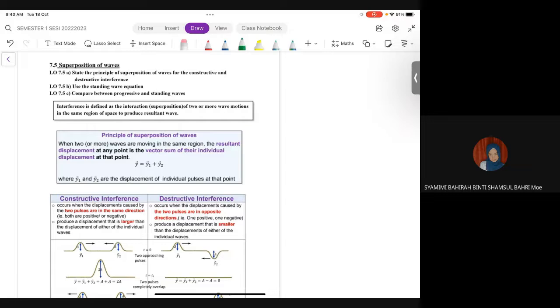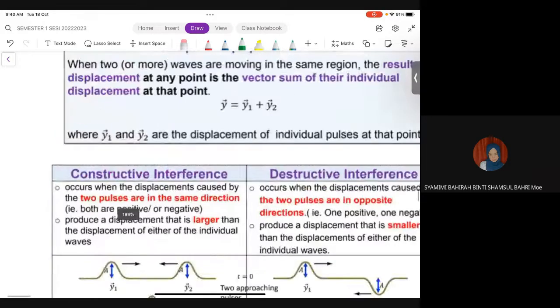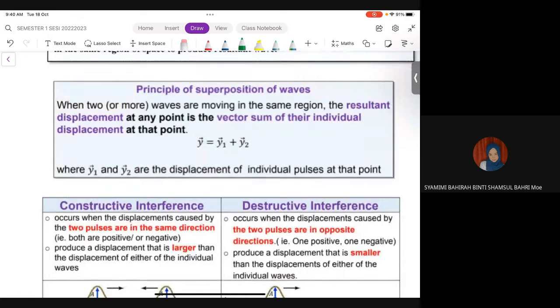Okay, state the principle of superposition of wave for constructive and destructive interference. Use standing wave equation. Compare between progressive and standing wave. Okay, so kita nak cari apa itu principle of superposition. What do you understand about the word superposition?